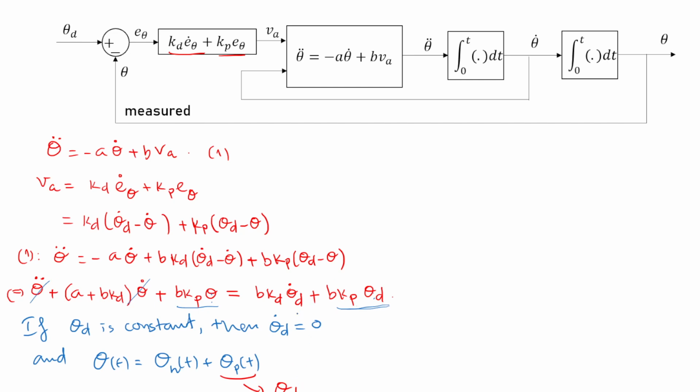We want theta to approach theta d, because the homogeneous solution will die out after a certain period of time, provided that your system is stable. Of course, it means you choose proper KD and proper KP, and then you can have theta approach theta D after a certain period of time.